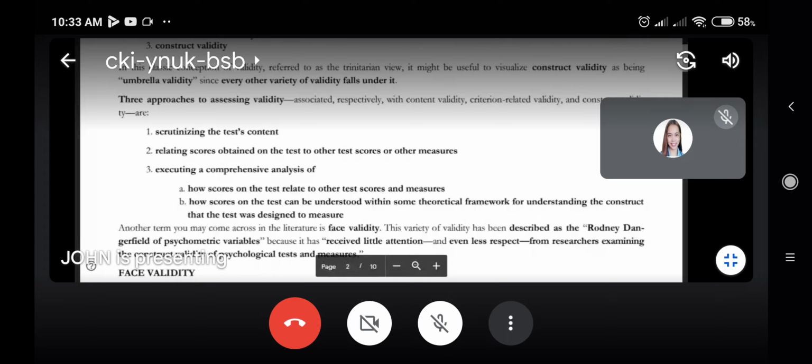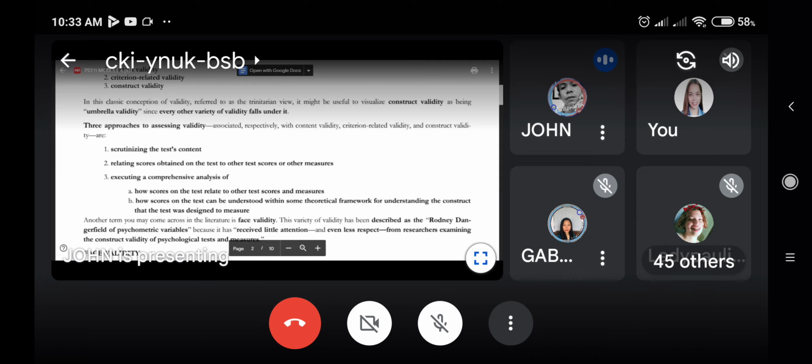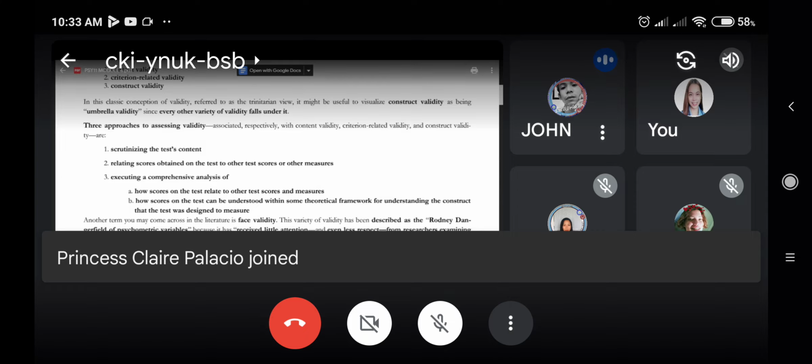So technically, this study is a scrap. Basura yon. Mali. Di ba? So that's how it should go. Same goes when you are developing a test and it is a theory-based one, or you use a theory, then the theory must be reflected in all of the items of the test in order for you to ensure its construct validity. Am I clear?